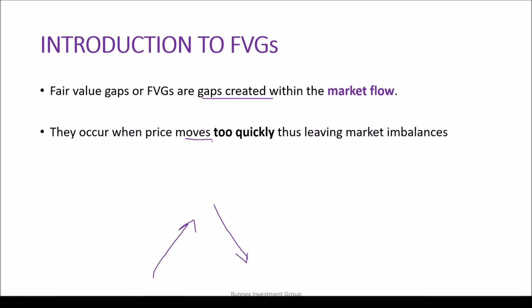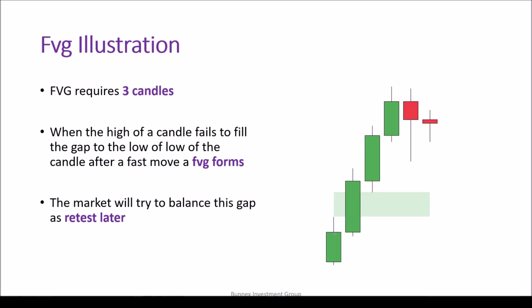So when market imbalances are left behind, usually the market will come to balance them off. So take a fair value gap as a point whereby the market couldn't actually place its orders and it made some sort of a jump without filling those particular gaps, and the market usually comes back to fill those orders or balance those orders.